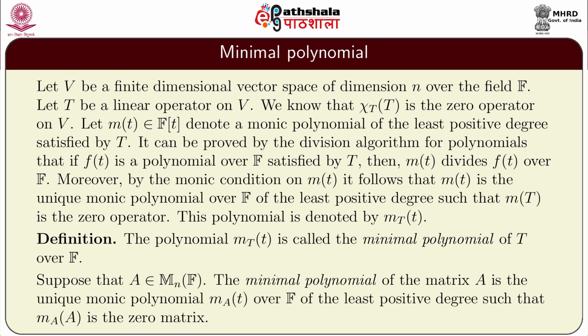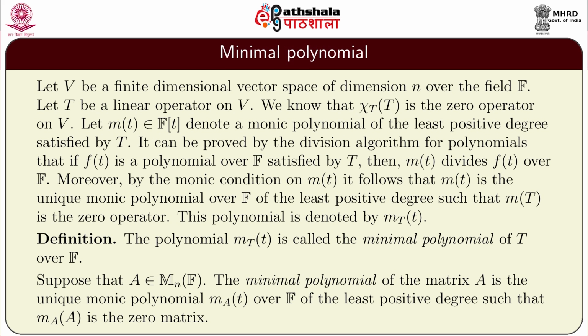First of all, we can use the division algorithm on f(t) and m(t) to write f(t) equals q(t) times m(t) plus r(t), where q(t) and r(t) are unique polynomials, and we also know that the polynomial r(t), which is called the remainder, is either the 0 polynomial or the degree of r(t) is strictly less than the degree of m(t). That is by the division algorithm.